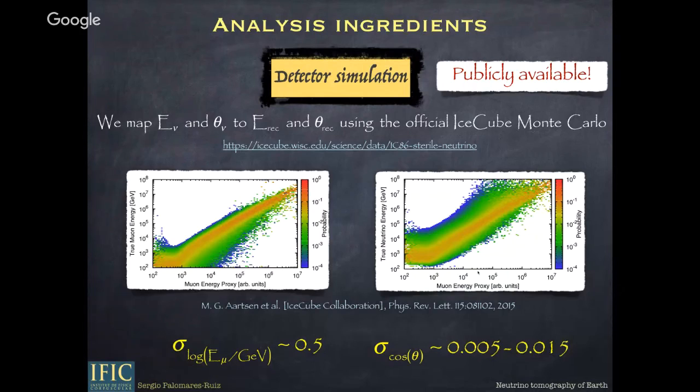So we are using the official IceCube Monte Carlo, which is publicly available on that website, and which maps the observables to the quantities of interest, neutrino energy and direction. For this type of sample, the direction of the neutrino is very well known, with uncertainties of about 0.5 to 0.7 degrees, which is perfectly good for what we can do.